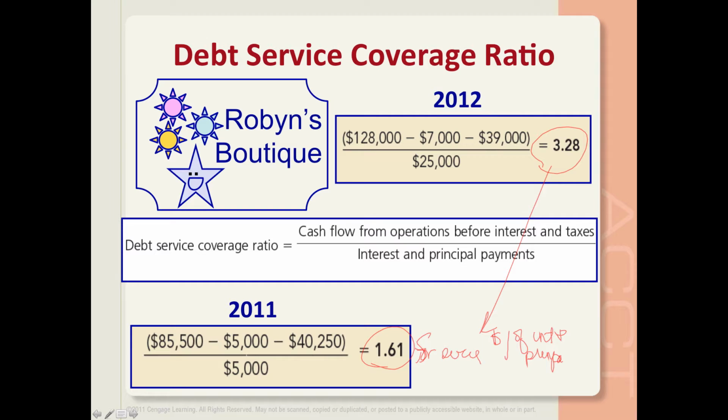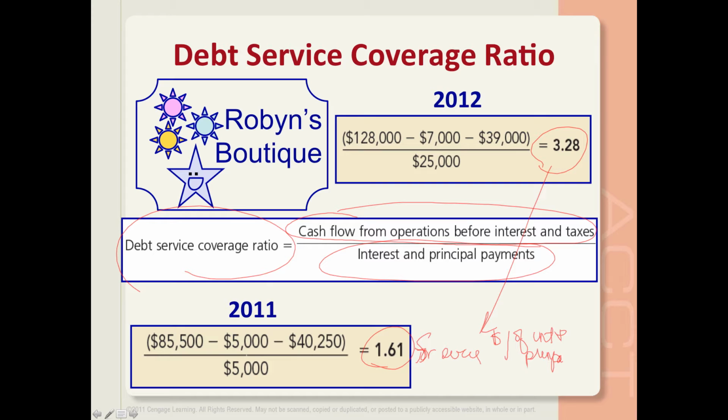So this is telling us that Robin's Boutique generated $1.61 for every $1, and much, much better, almost double that in 2012, the ability to go ahead and cover their debt. And so what you do is you take cash flow from operations before interest and taxes, and then you divide it by interest and principal payments. And that gives us our debt service coverage.